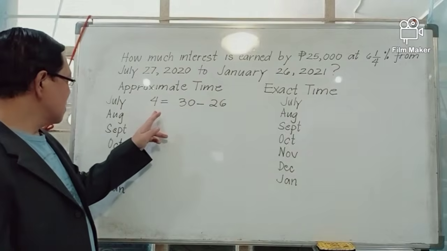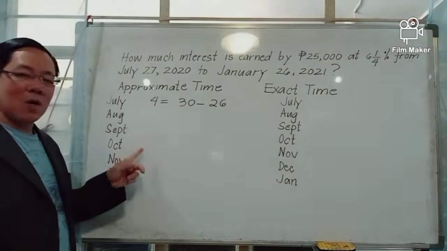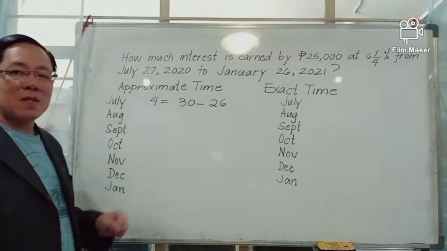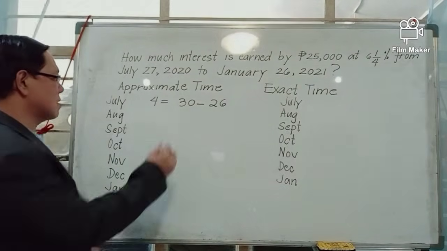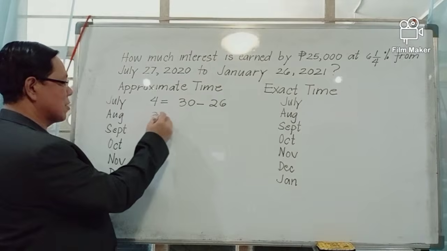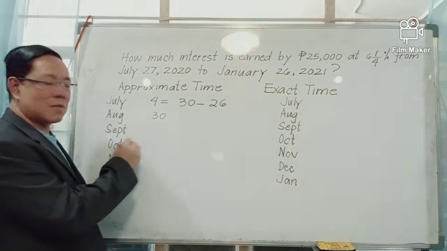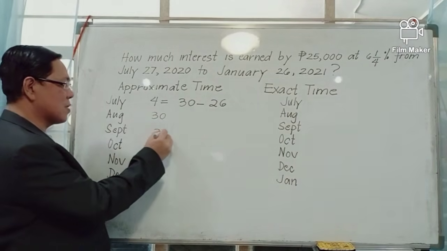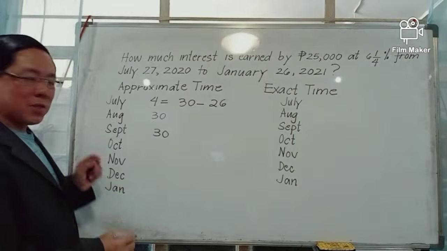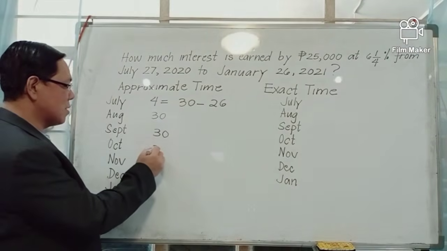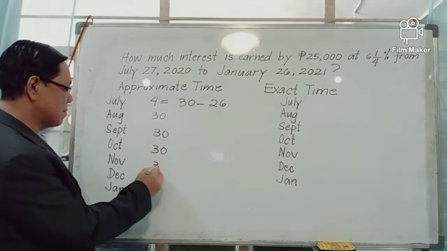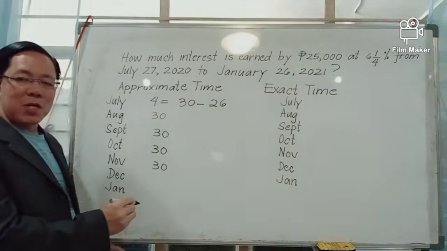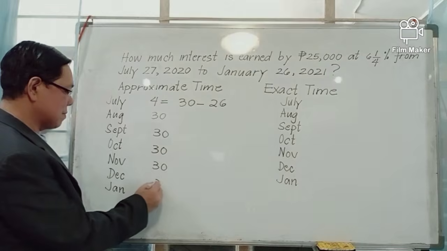And for August, September, October, November, December, we assume that each of these months has 30 days. 30 days for August, 30 days for September, 30 days for October, 30 days for November, and 30 days for December.